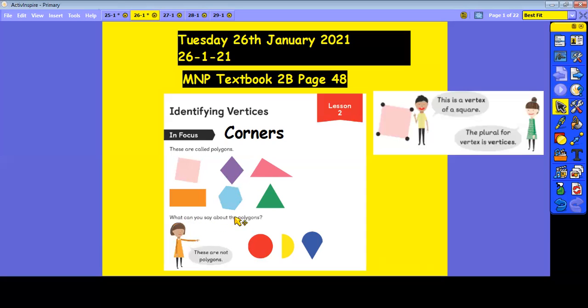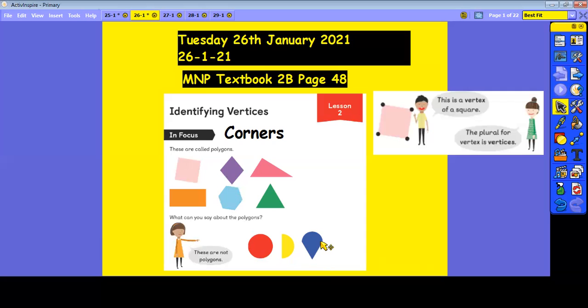What can you say about the polygons is our question. Well, we need to look at these 3 shapes and this statement here before we can say what a polygon is. These are not polygons. The circle is not a polygon. The semicircle is not a polygon. And this shape here is not a polygon either, because they, children, to give you a big clue, have sides that are curved. Not all their sides. Here we've got a straight side.